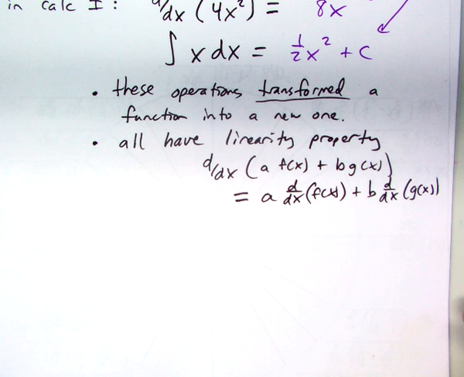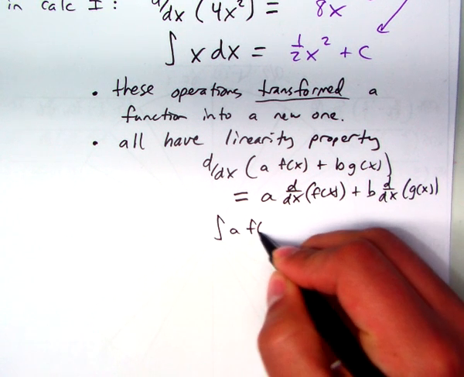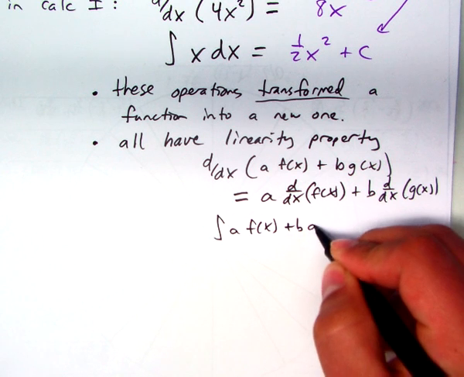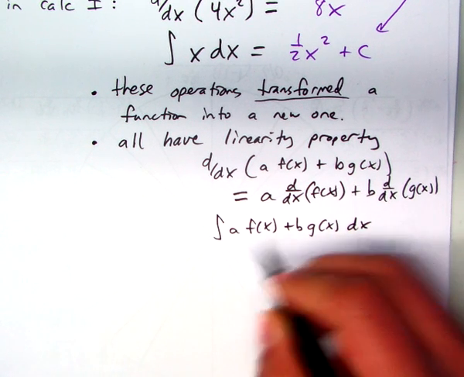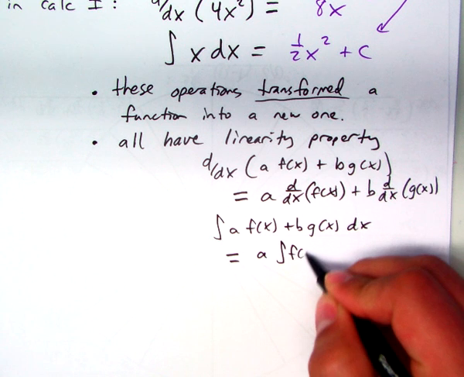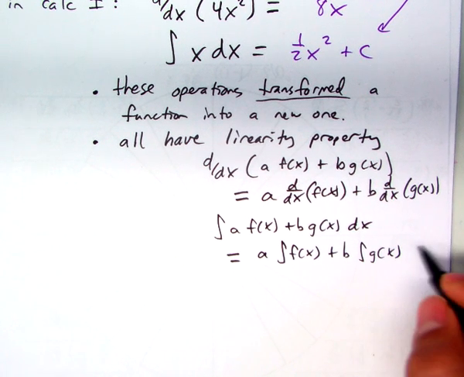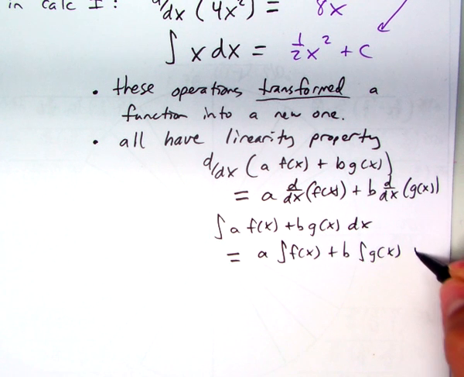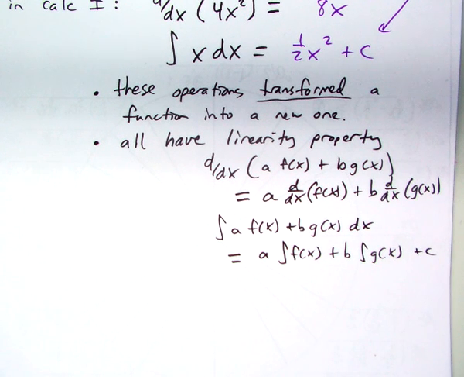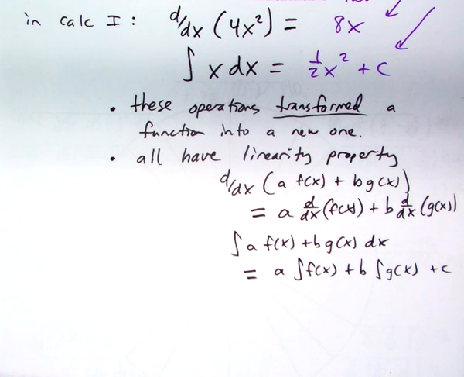And similarly with integrals, if you integrate a linear combination of functions, you get a times the integral of f of x plus b times the integral of g of x, and you have your constant. So all along in calc, you've been transforming functions into something new.